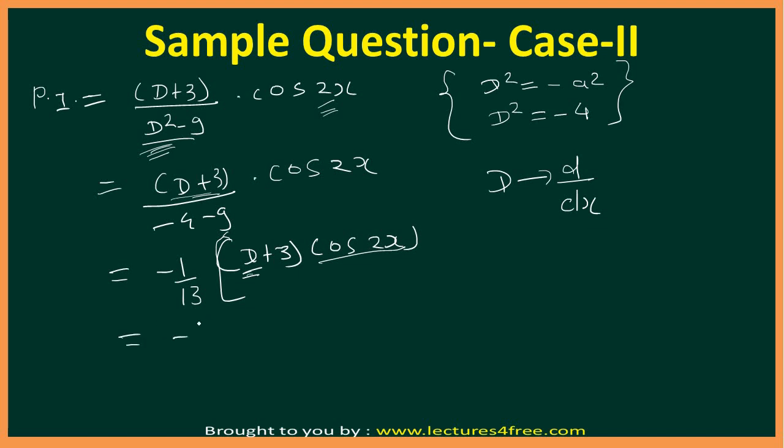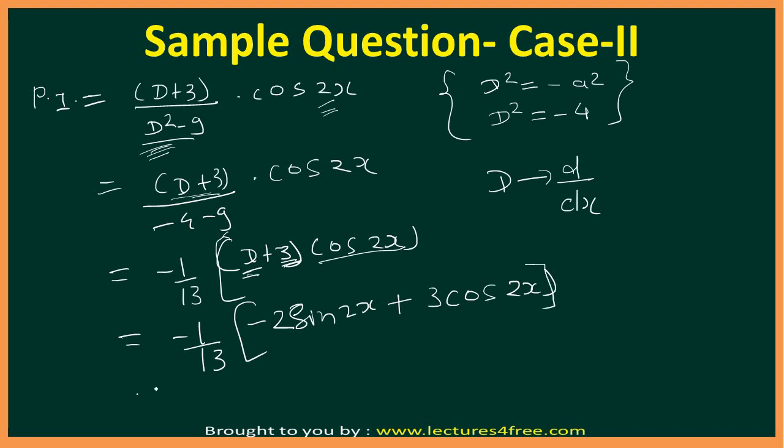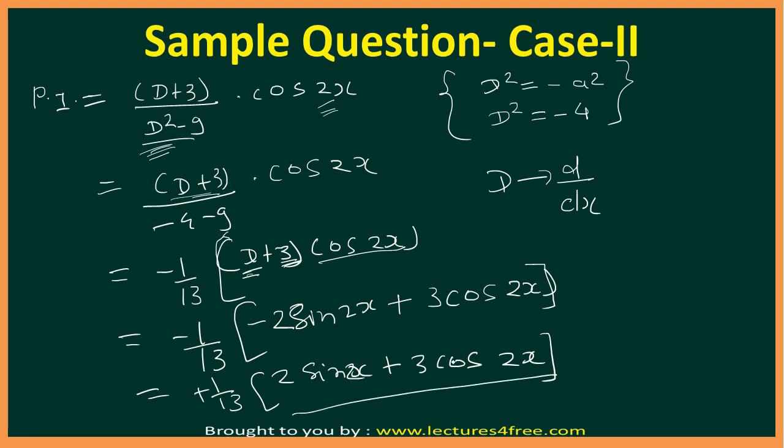So you will get minus 1 by 13, and the differentiation of cos 2x means minus sin 2x multiplied by 2. Then multiply the 3 with cos 2x, which means plus 3 cos 2x. Multiplying the minus inside, you get 1 by 13 times 2 sin 2x plus 3 cos 2x. This is your particular integral.